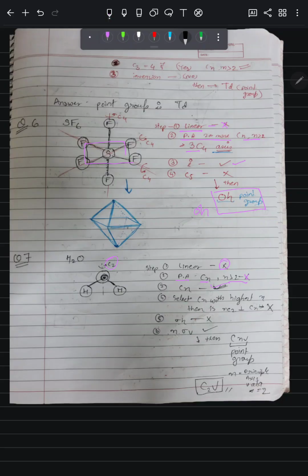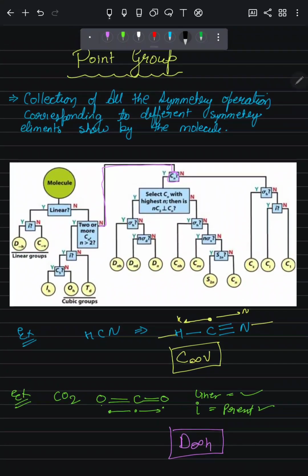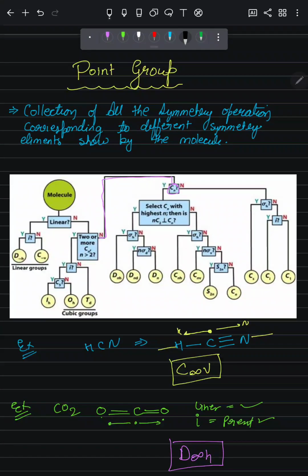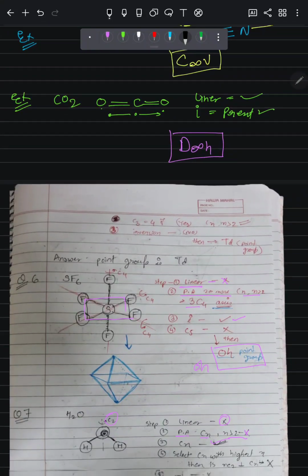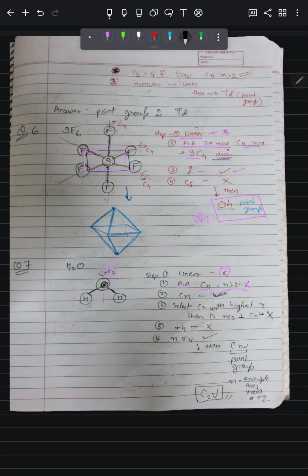Then we check the Cn with the highest n, and whether there is a C2 perpendicular to Cn. So is it present or not? It is not present.